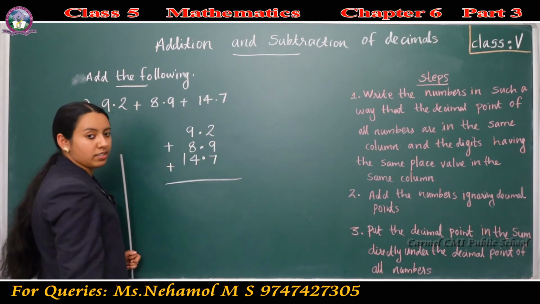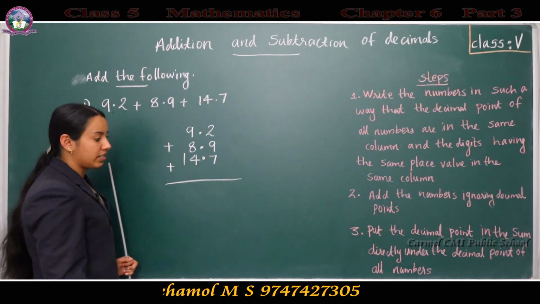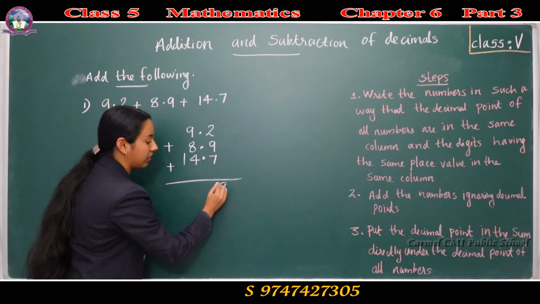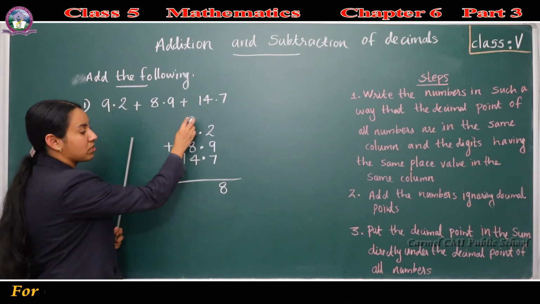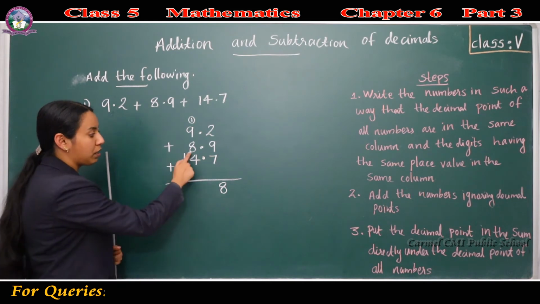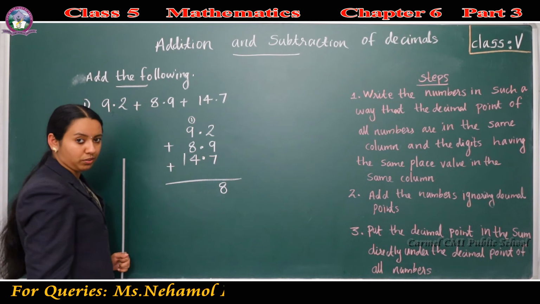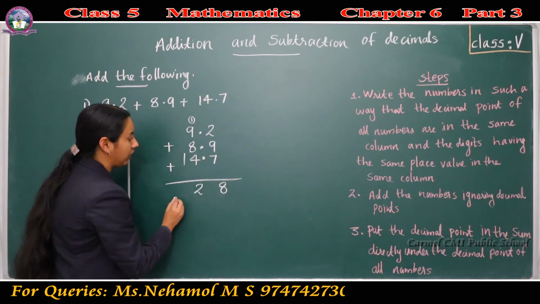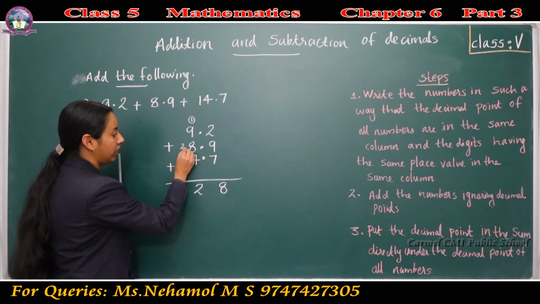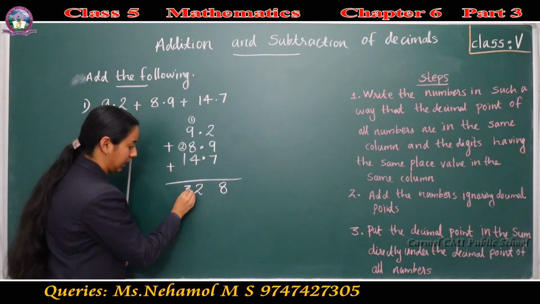2 plus 9 is 11. 11 plus 7 is 18. For 18, write 8 here. Carry 1. Then 9 plus 1 is 10. 10 plus 8 is 18. 18 plus 4 is 22. For 22, write 2 here. Then carry 2. 2 plus 1 is 3.